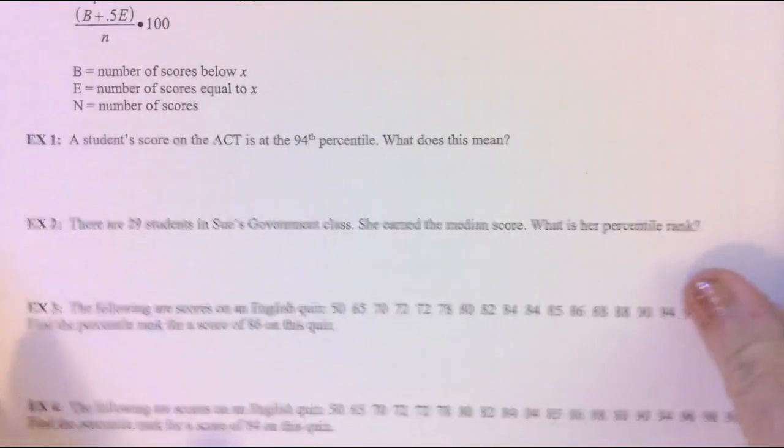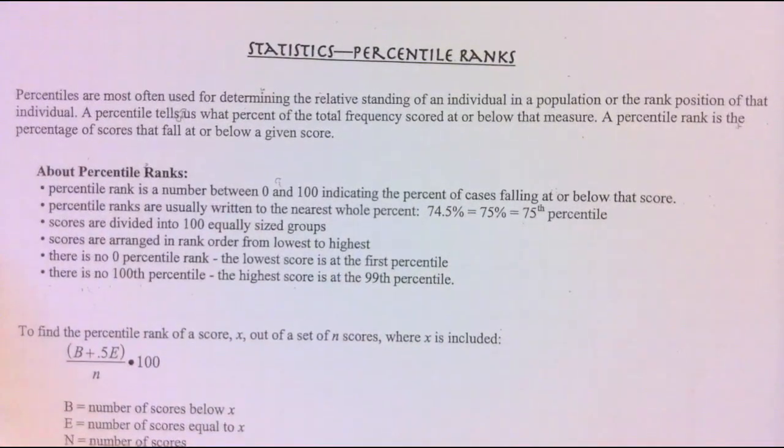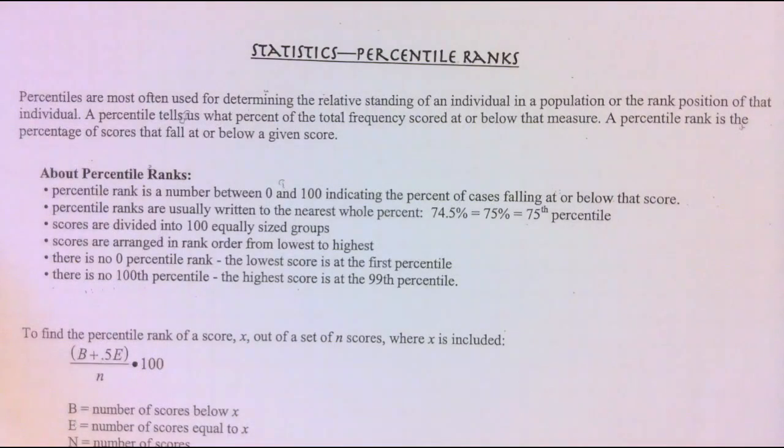So here is just an introduction to percentiles and percentile ranks. Percentiles are most often used for determining the relative standing of an individual in a population, or the rank position of that individual. It tells us the percent of the total frequency that's scored at or below that measure.